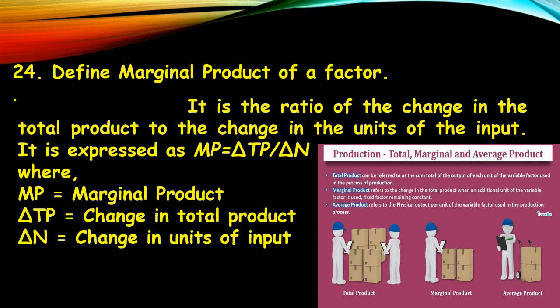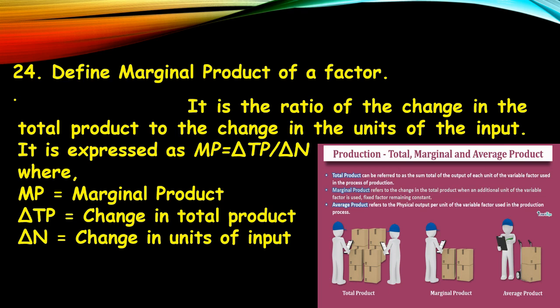Let's discuss the next question. Define marginal product of a factor. Always keep in mind that marginal product is the additional factor. It is the ratio of the change in the total product to the change in the units of input.